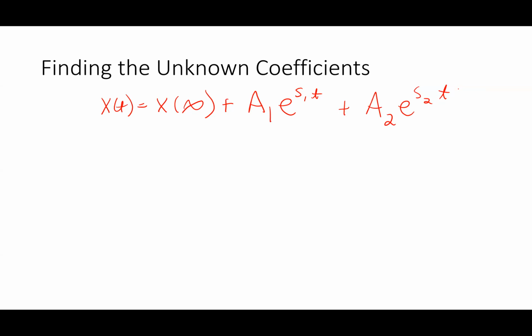After you've gone through this, you'll know what s1 is, what s2 is, and what x of infinity is. You'll know those numbers. What you won't know is a1 and a2. You have to solve for those, and you solve for those knowing x of 0 as a number and dx/dt of 0 as a number. That'll give you two equations and two unknowns, and you can solve that.